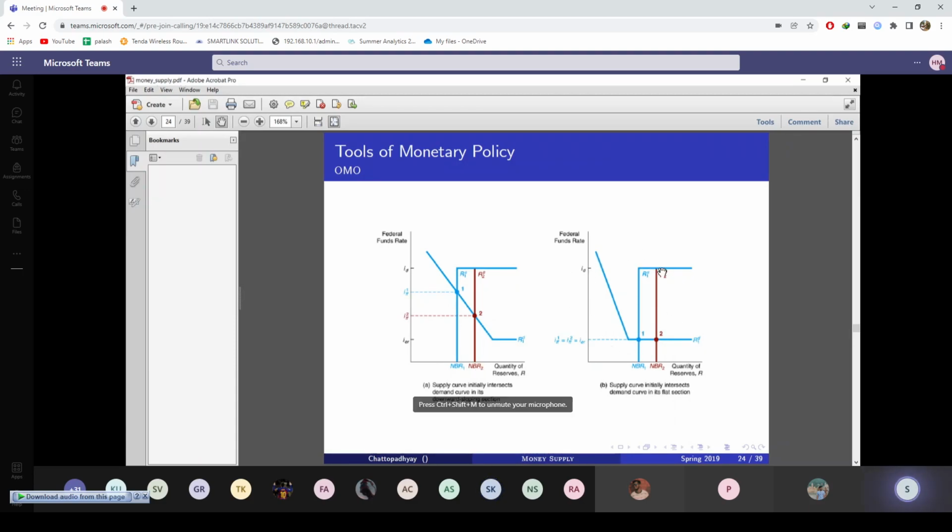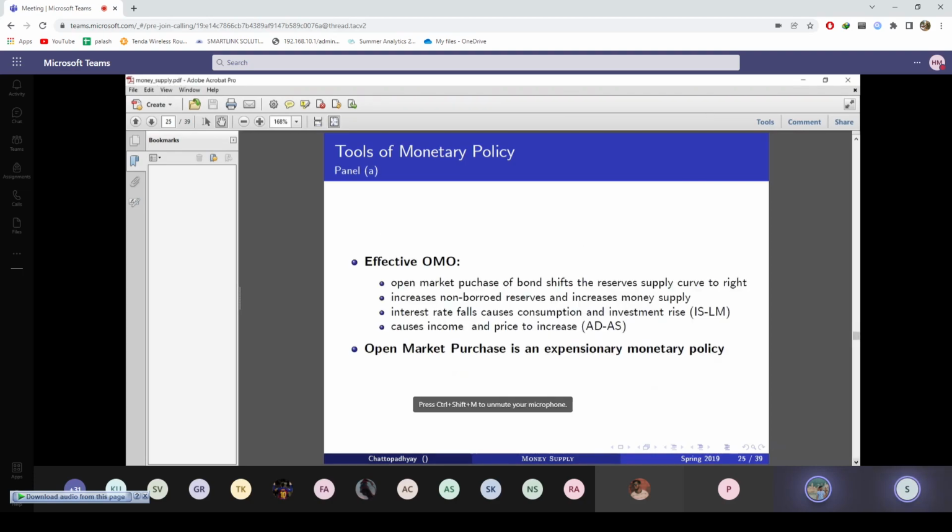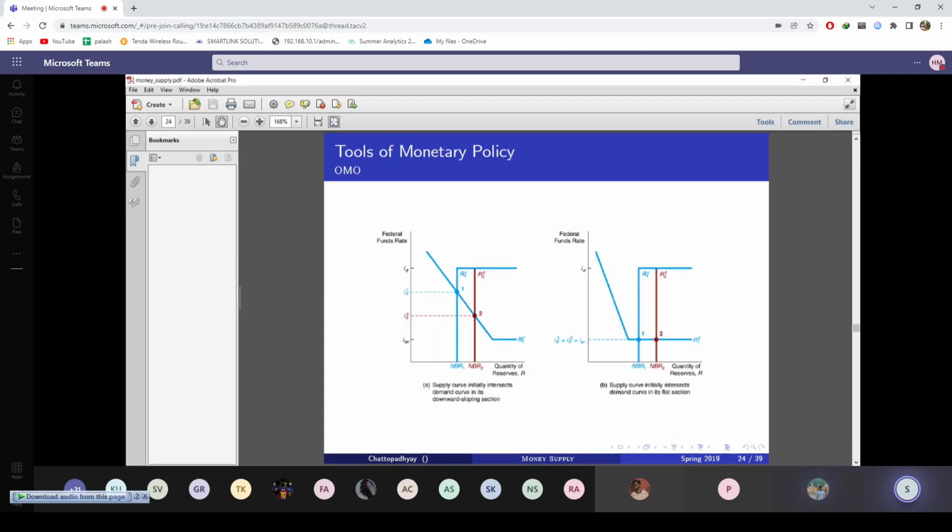Explain panel B like this. What was there before, what happened after open market operation, what is the implication? Sir, earlier the equilibrium point 1 was on the flat line. What was the market clearing interest rate? IFF1 equals IER, right? Yes sir. Now open market operation takes place.